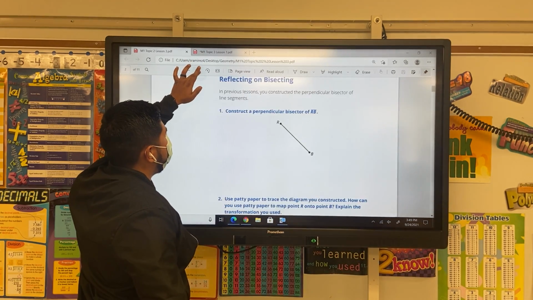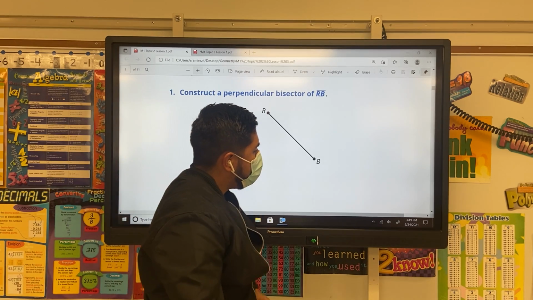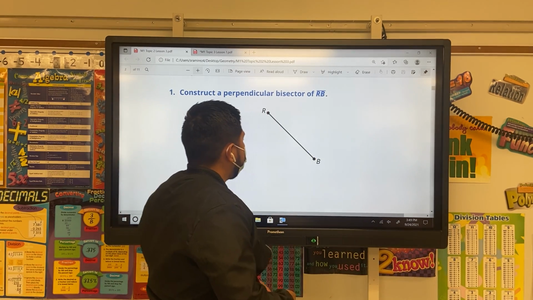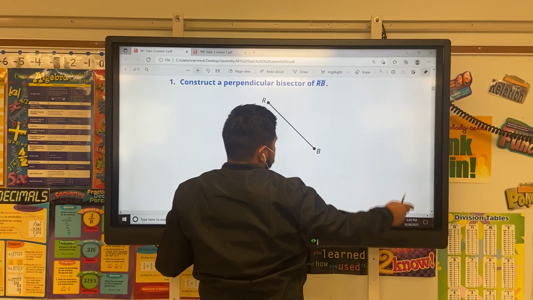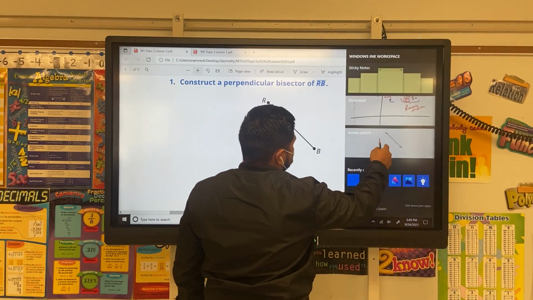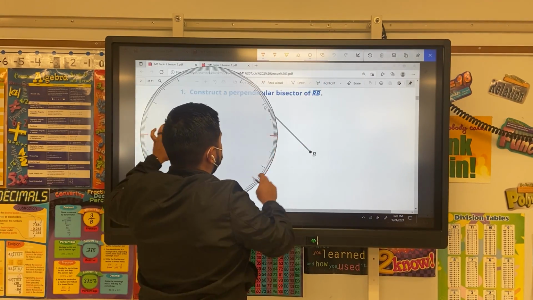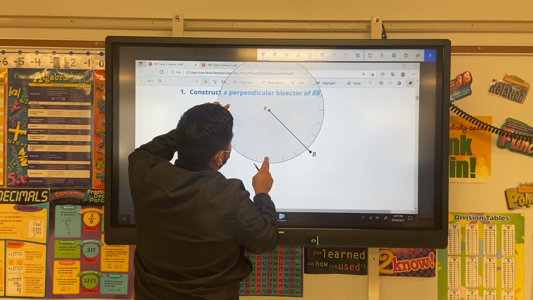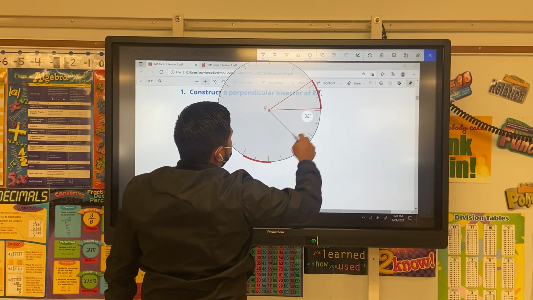Constructing a perpendicular bisector through that line, or segment, I'm sorry. Really difficult, but we need to remember to get our protractors, our compasses. This is like when we're constructing a square. If I get my compass, I want to make sure I draw arcs that are somewhat towards the middle.